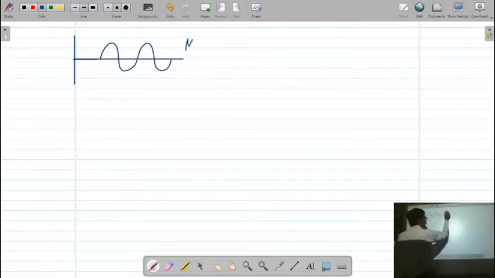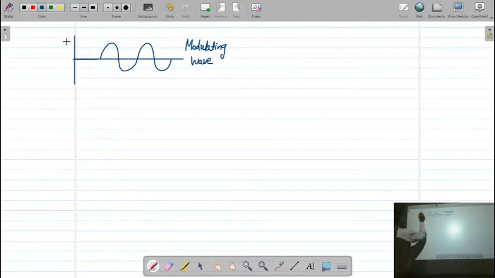You can say it is a modulating wave, and the amplitude of this modulating wave is Vm, and on this side it is minus Vm.